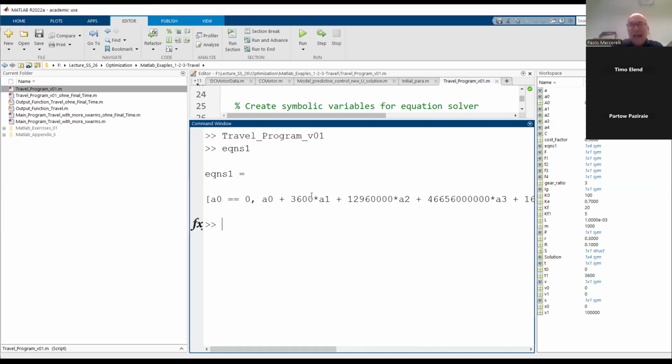We can see at time 1 hour, A0 is 0, but we will see by the function solve. This is just equations one. Equation one is just the structure of the four equations in five unknowns.